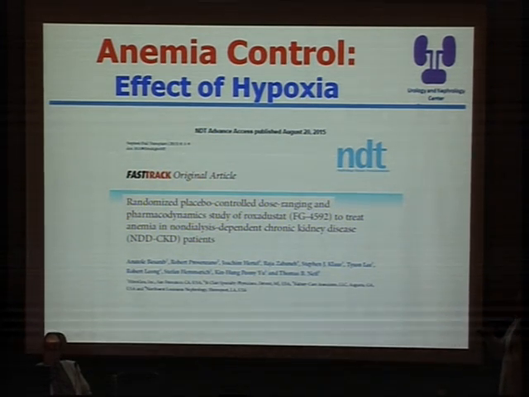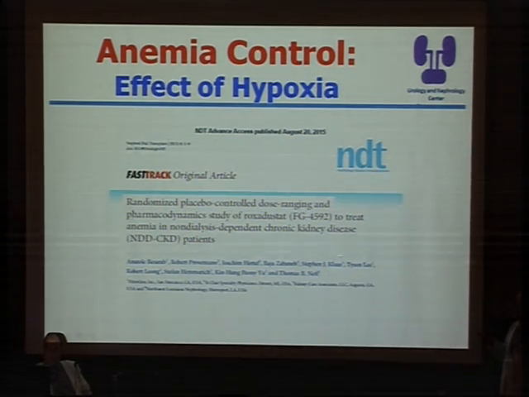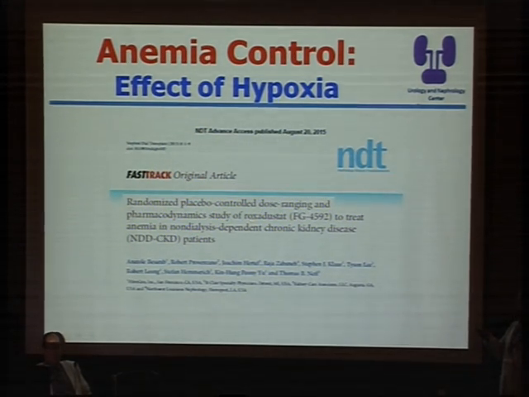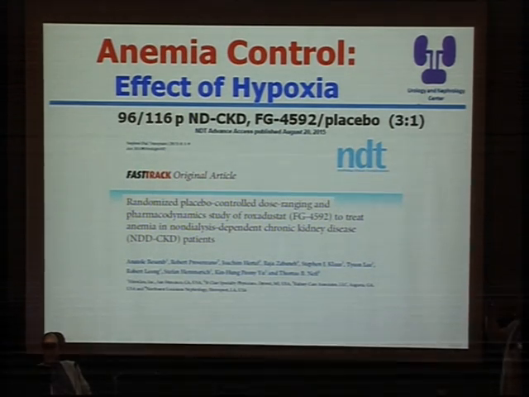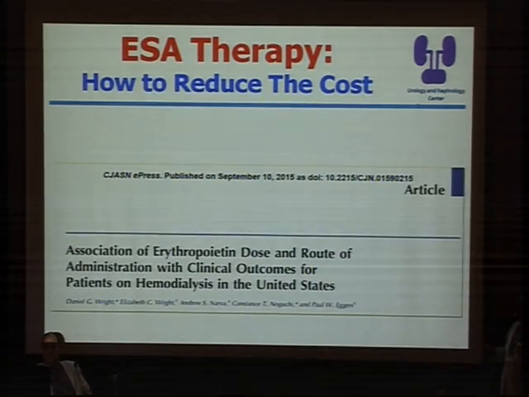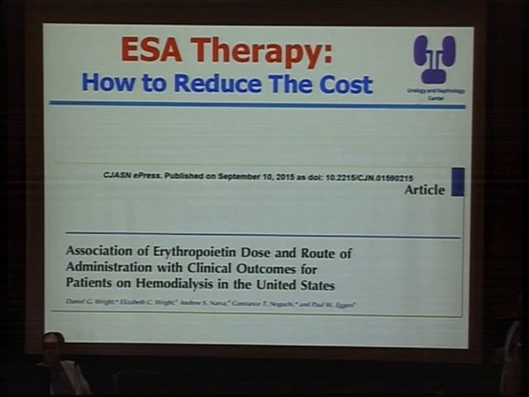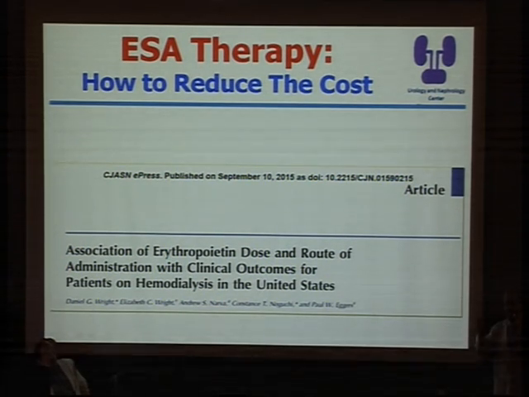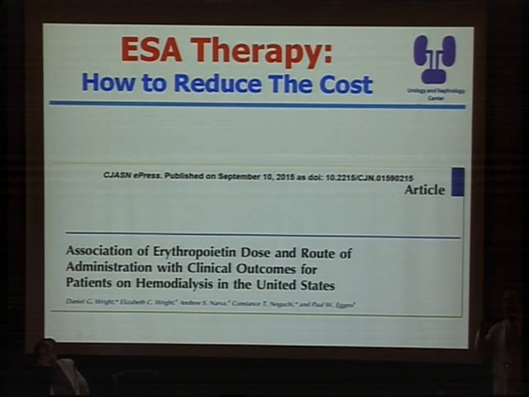Why? Because it is given orally, and this study shows that one of the drugs from this class, roxadustat, can be given. Now, the treatment of anemia in chronic kidney disease and dialysis: iron, ESA therapy, and the most important adjuvant treatment is iron.